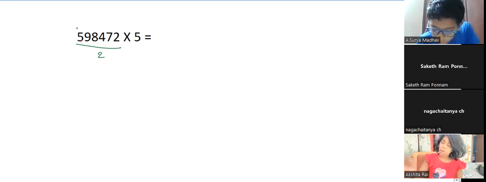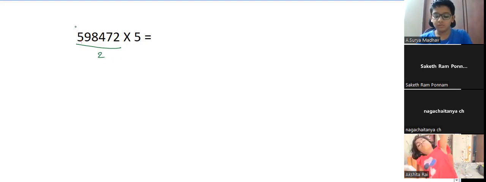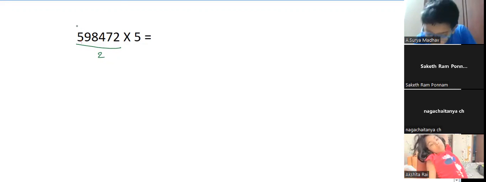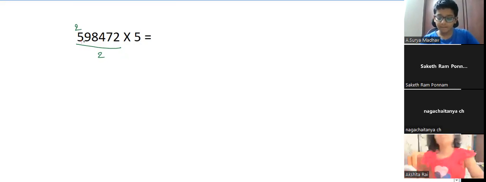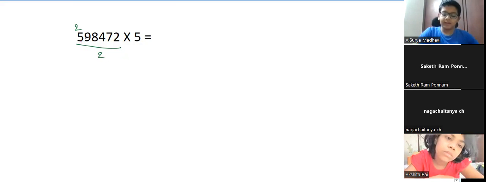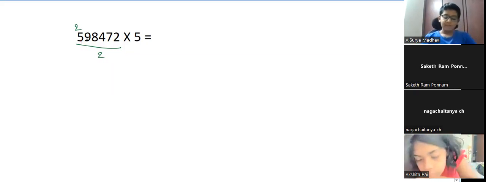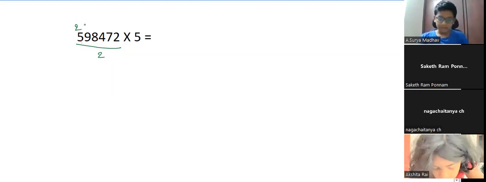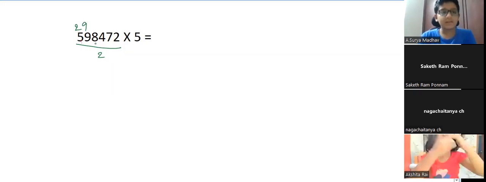How many times does 2 go in 5? 2 times. Then the remainder is 1, and with that 1 it becomes 19. In 19, how many times does 2 go? 9 times, 9 2s are 18. Again 1 remainder, it will become 18.